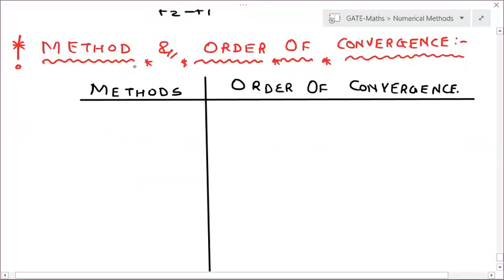I'm going to give you all these methods once again, but in ascending order.